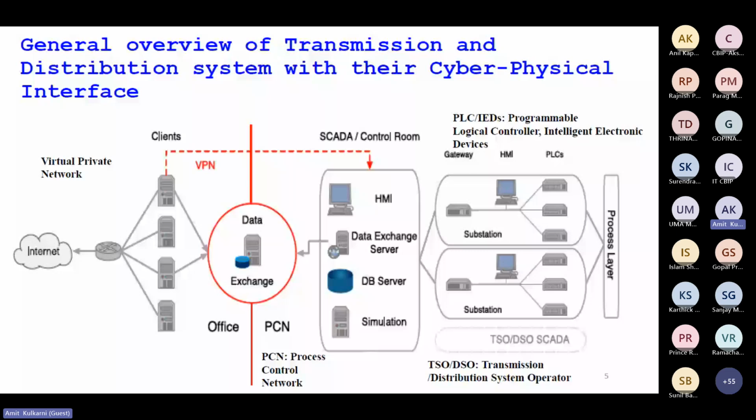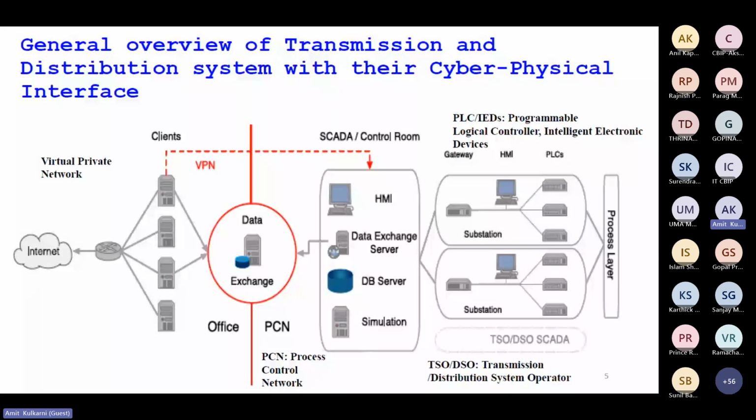Then if you are doing some studies, you have simulation and simulation servers as well. And at the other end, your virtual private network connected with many other servers. You have PLCs, IEDs, RTUs, relays, numerical relays, and all the systems. So this will give an idea about what a cyber physical system is.